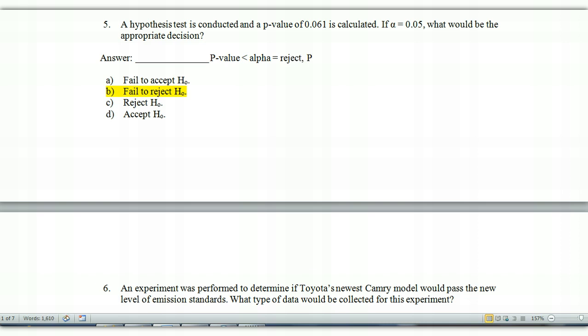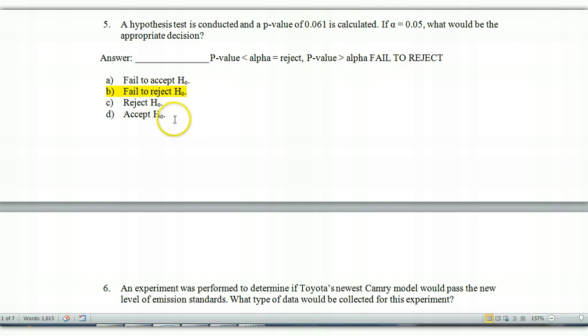If the p-value is greater than alpha, you fail to reject. And that's what we did here. The p-value 0.061 is greater than alpha, so we fail to reject.